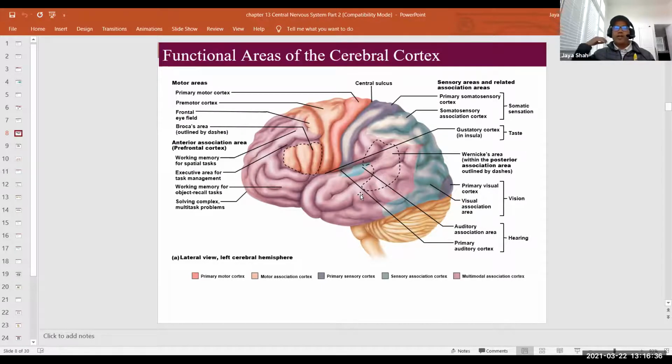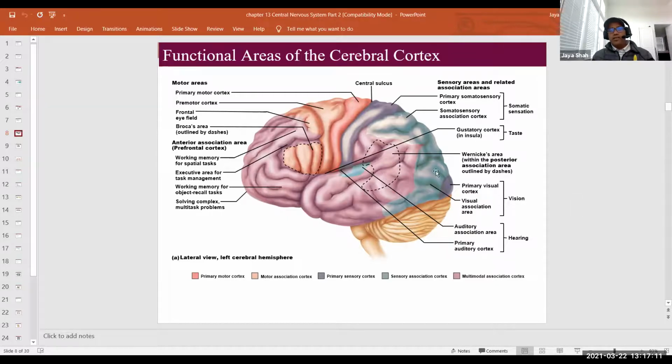When you hear a sound, like when I say hi, that sound from your ear enters your internal ear, and from the internal ear, the electrical impulse reaches here and you hear the sound, but you don't know exactly what it is. So it comes to this association area, the auditory association area, and then from there, there is another area which is called Wernicke's area here, which works with the association area.